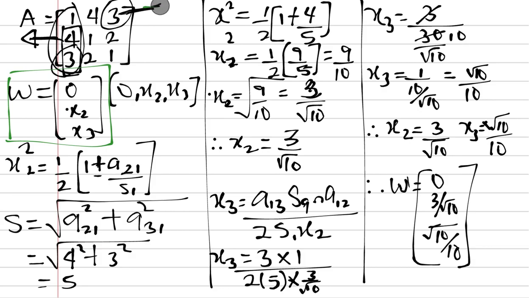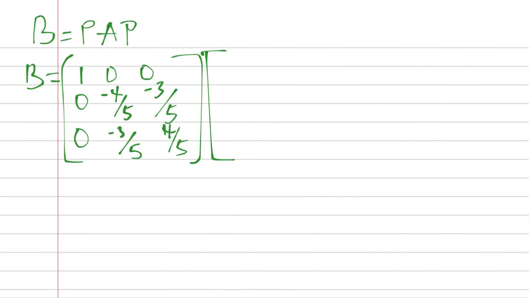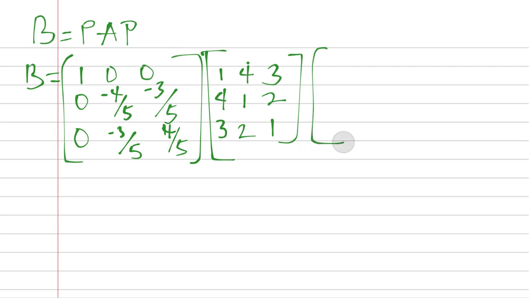This is our A, the matrix that we are solving. Let me write that here: 143, 412, 321.